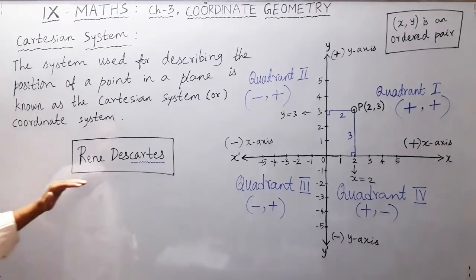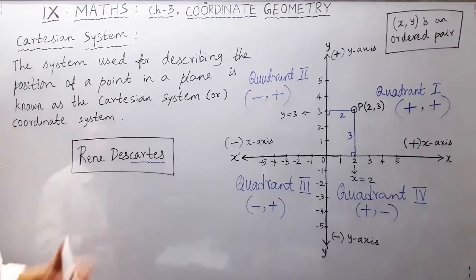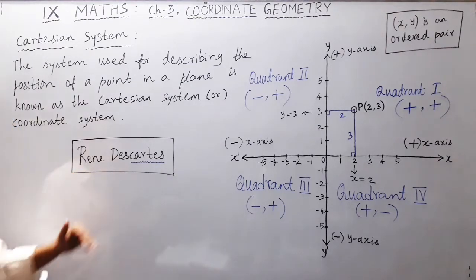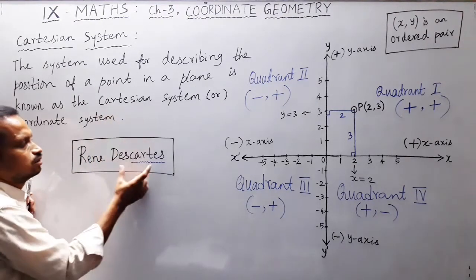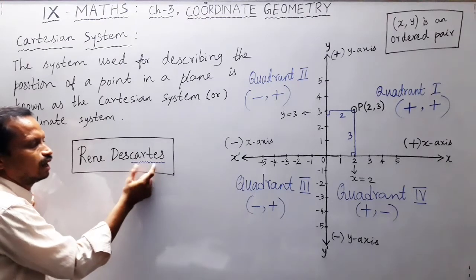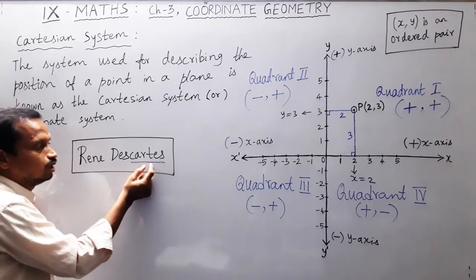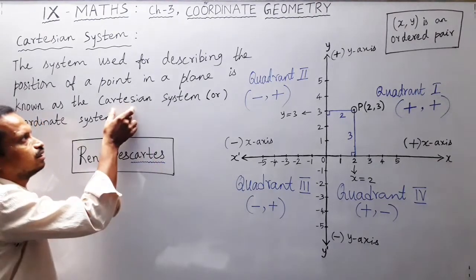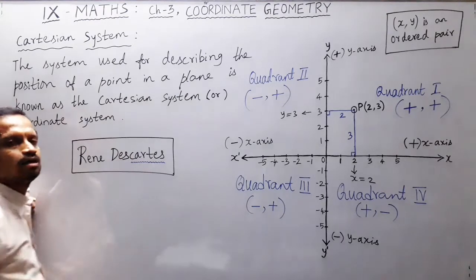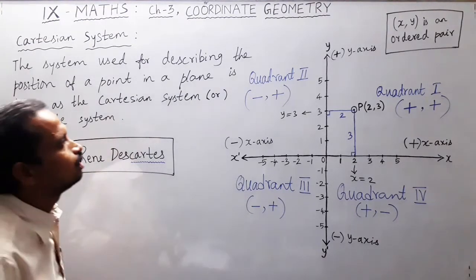So he developed this concept of coordinate geometry. In honor of his name, you see Cartes. I have underlined those letters, Cartes. In the name you should read René Descartes, but here it should be pronounced as Cartesian system. Cartesian system or coordinate system.